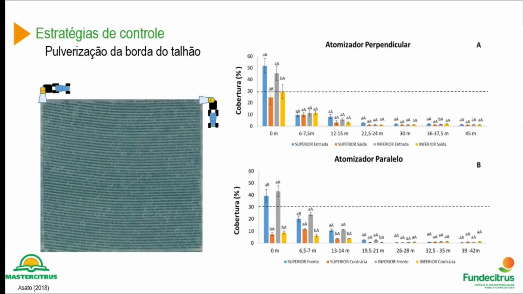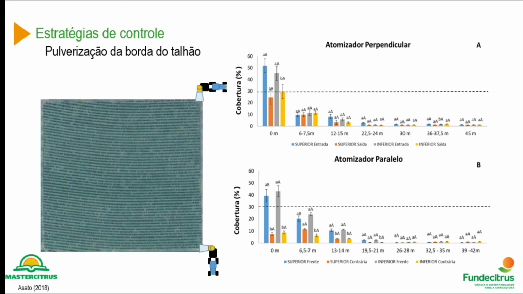If we analyze the coverage efficiency for border spraying, both in the parallel plot and the perpendicular plot, spraying with both the jet and the atomizer or the nozzle, the effect is very similar. The coverage over 30% is very efficient to have a residual period of insecticide in the plant so that we can kill psyllids.